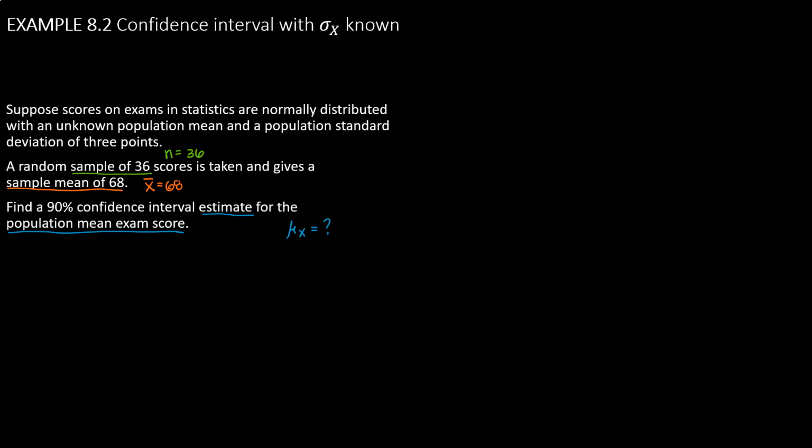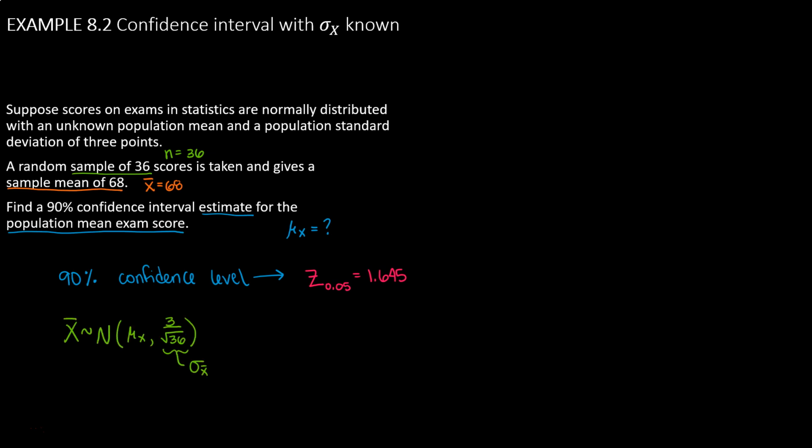We want to estimate the population parameter mu sub capital X, and to do that we're going to build a 90% confidence interval. We're using a 90% confidence level, which means we're using a critical value of 1.645, and we're also going to use the distribution of sample means, specifically the standard deviation from that distribution, to calculate the error-bound mean, which is the product of our critical value and the standard deviation from our sample means distribution.